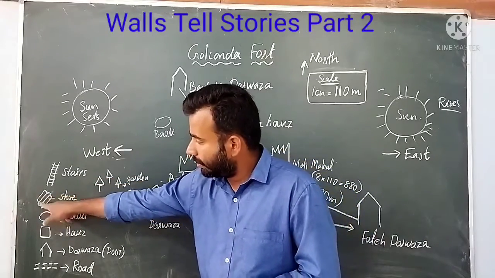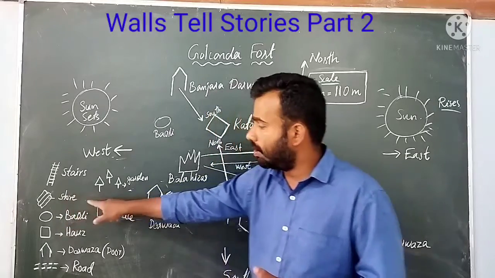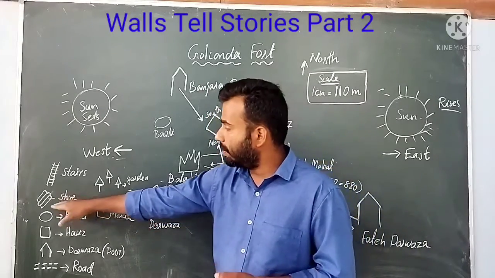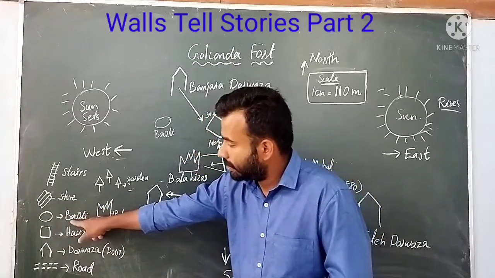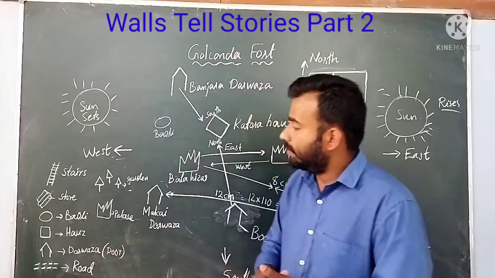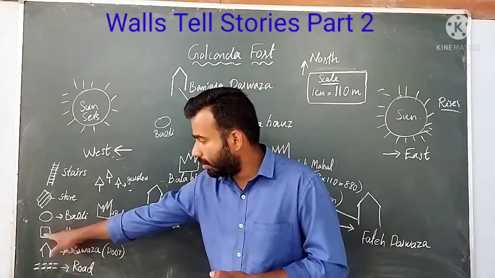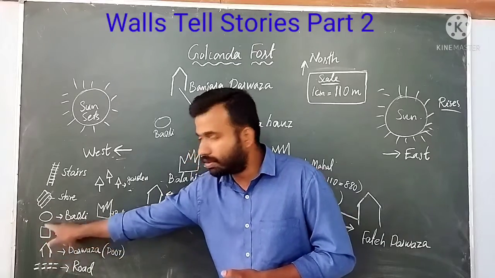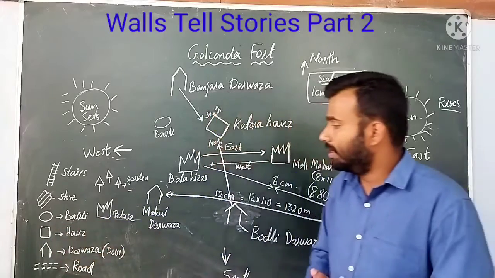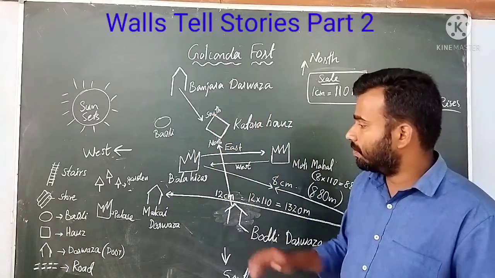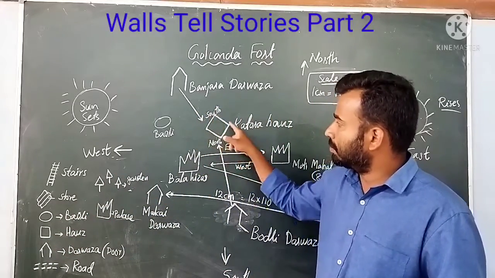Then this symbol represents a storehouse, which is used for storing gunpowder and coal, and a small circle that shows Bauli, which means a place for storing water, and hauz, a small square. Whenever you see this kind of hauz, that is a storehouse of water, where the people at that time used to store water.